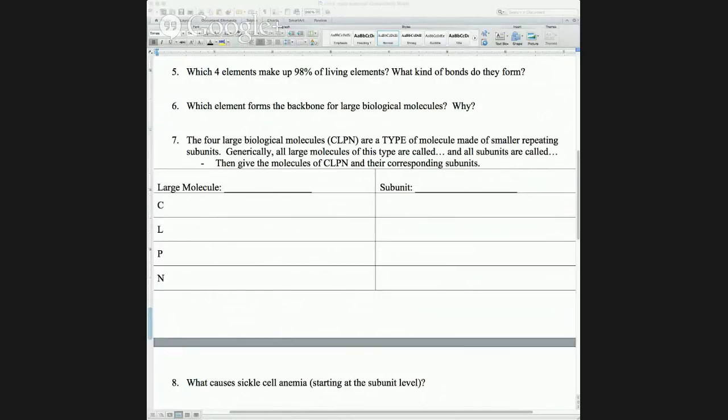So all you have to really know is, study guide number 7. You have 4 biological molecules, all covalently bonded, and they're polymers, and they have monomers.